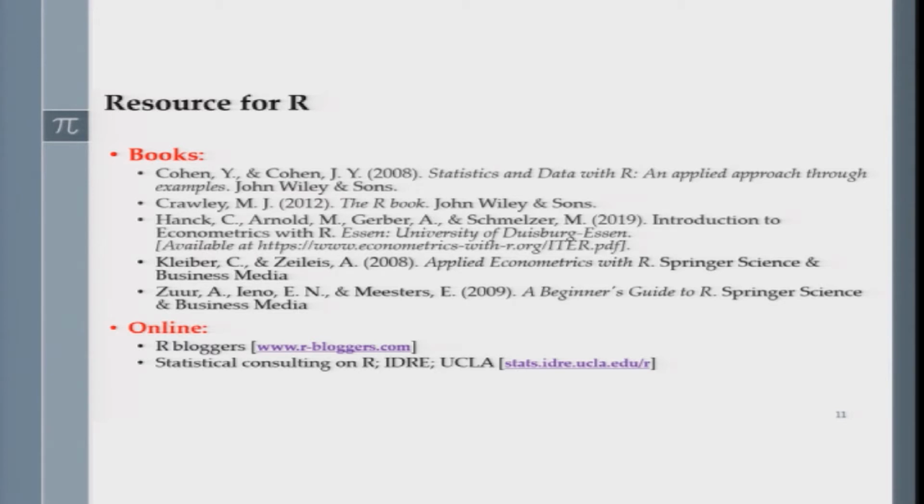And out of these 5, especially I suggest 2 books. The second one by Crowley, the name of the book is The R Book, and then the third one by Hank et al. I like Hank et al. because it is available for free. So, you can download this PDF book free of cost, and I am also showing you where you have to go to download the copy of this book.